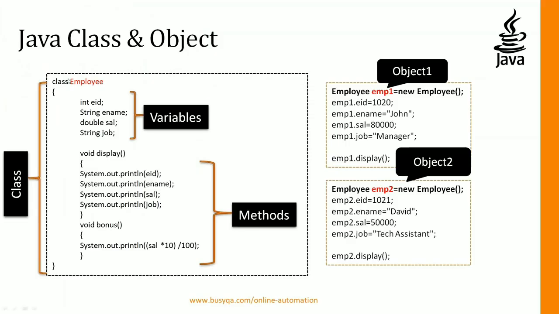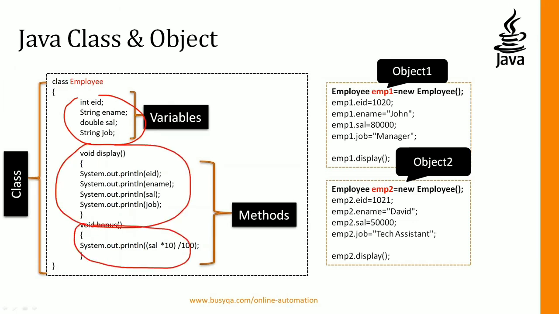If you observe here, this is your employee class, which contains a few variables. These are the variables, and I have created a display method here, and I will also create one more method called bonus later. And these are all methods. This is overall a class, and if you want to create an object for this class, we have to create it like this: class name Employee, object name emp1 equal to new Employee.